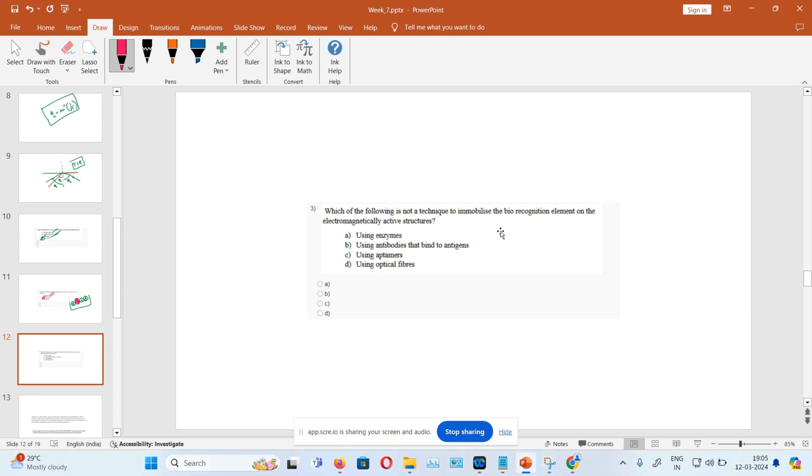Which of the following is not a technique to immobilize the biorecognition element on the electromagnetically active structure?